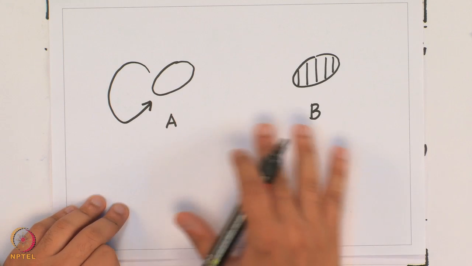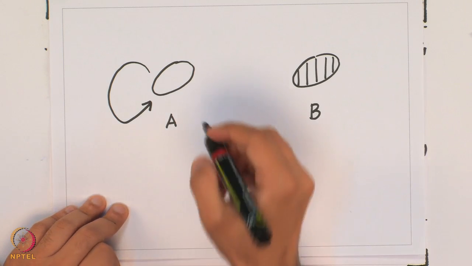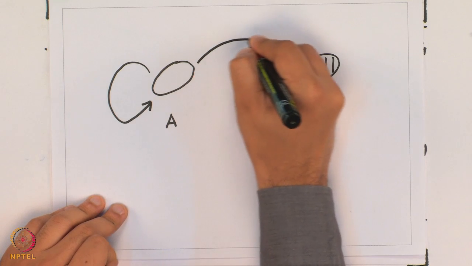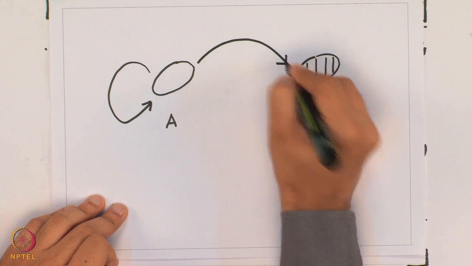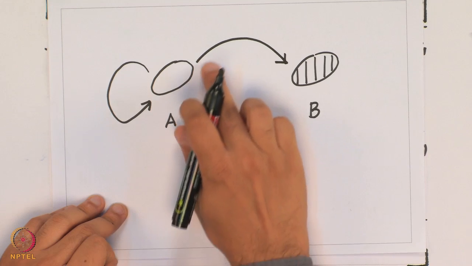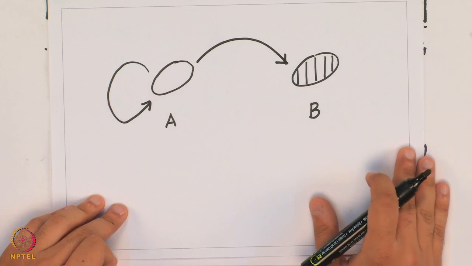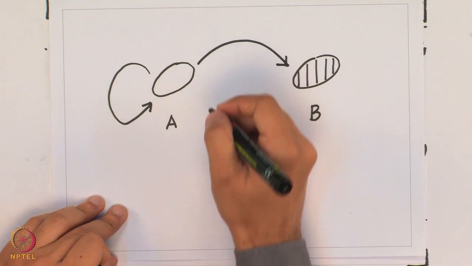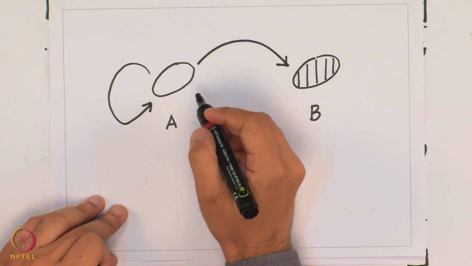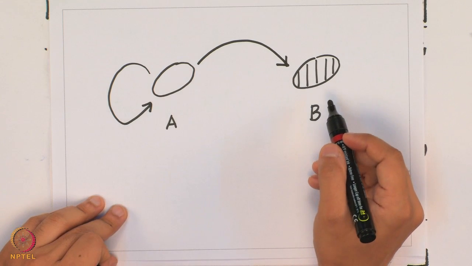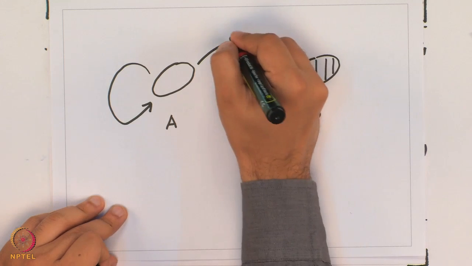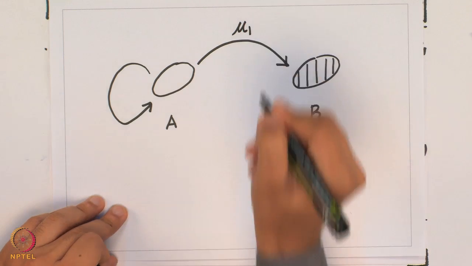But in our two species model, whenever an error is being made, we will say that the progeny is of type B, and this represents the rate at which error is happening while this replication is going on. So, we will say that the rate at which A might lead to a production of progeny of type B is mu1.